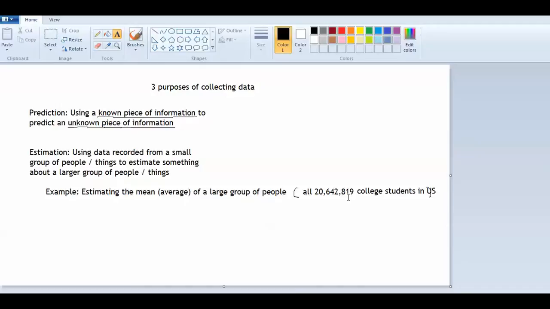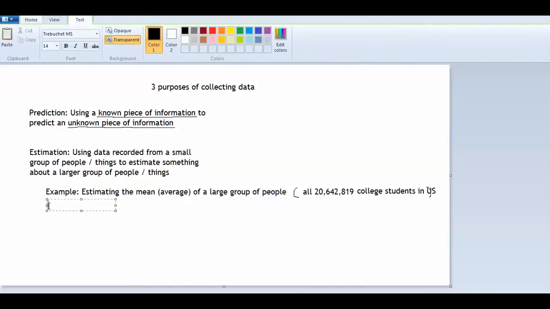The average of your 1,000 volunteers is not going to be exactly the same, or it's at least very unlikely to be exactly the same as the average of all of these college students, but it'll at least give you a rough idea of what this average equals. So that's an example of using data recorded from a small group of people to estimate the average GPA of the larger group that they come from.